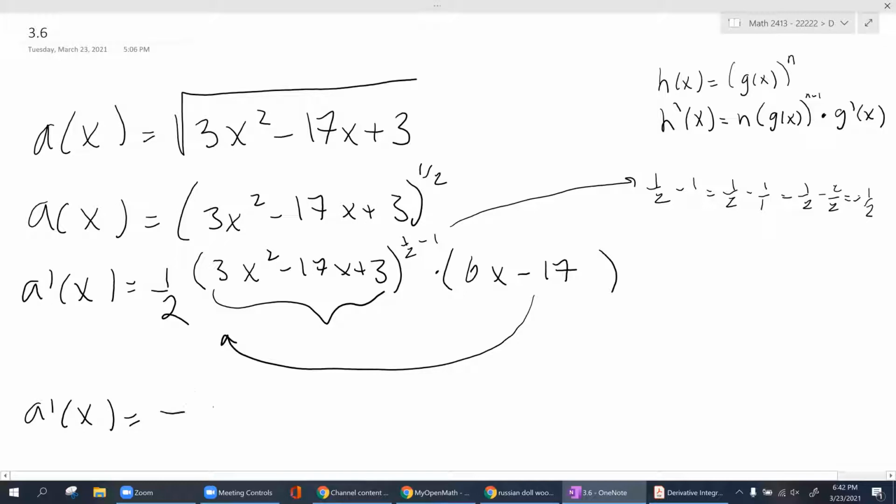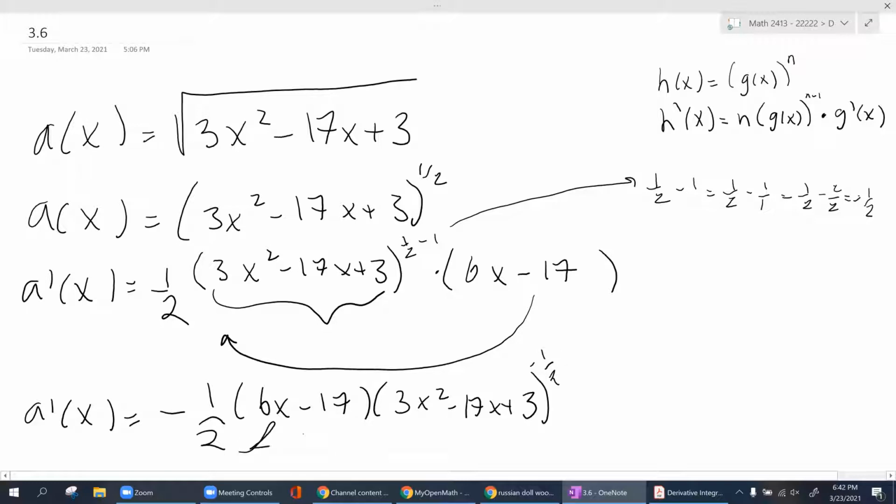I would actually want negative 1 over 2 times 6x minus 17, times 3x squared minus 17x plus 3 raised to the negative 1/2.